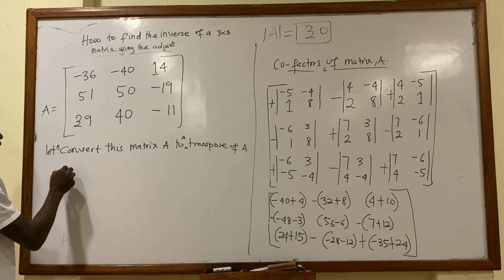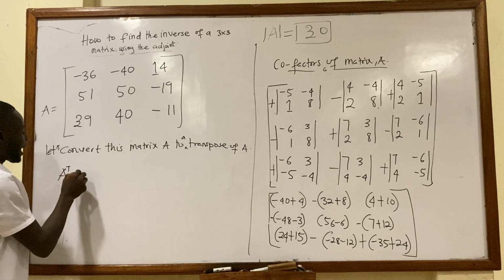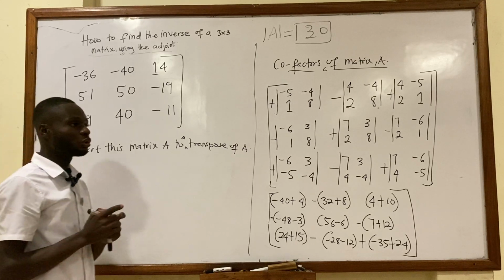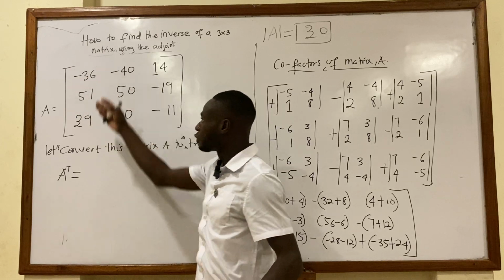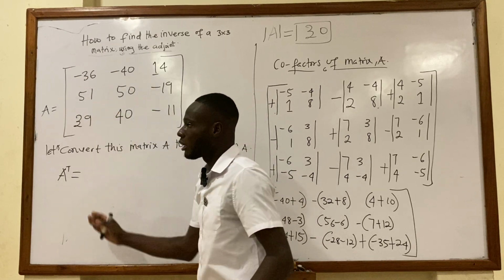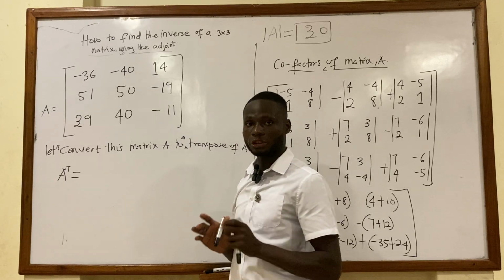And that is denoted as A power T, right? And for the transpose, what you have to note is that we just turn the row to column, row to column, row to column. That is all about transpose.